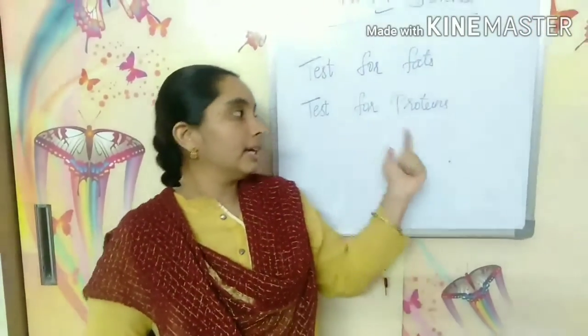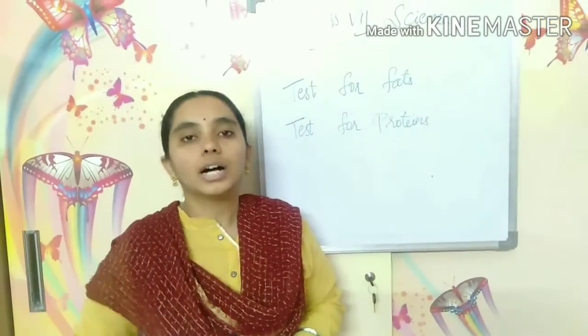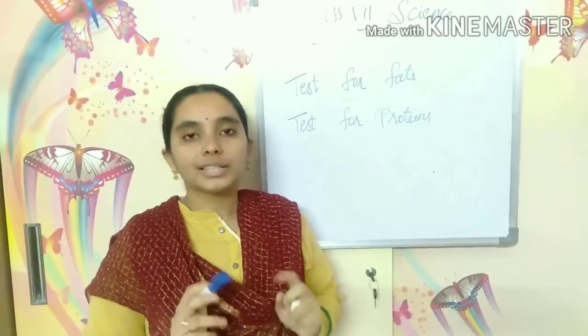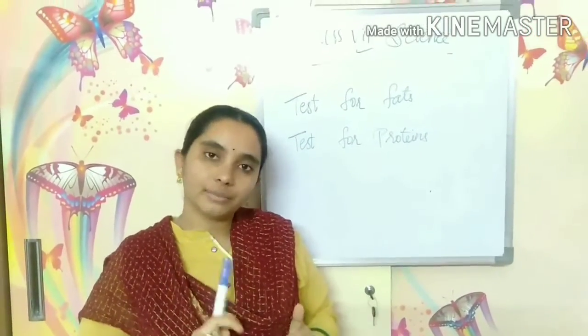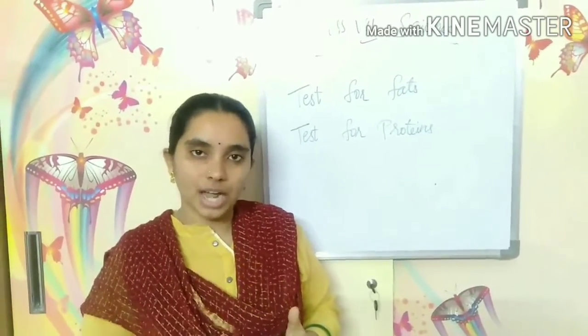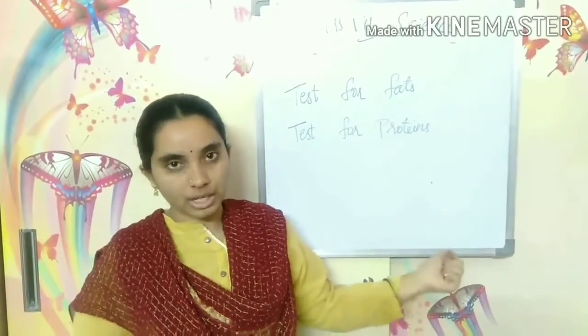Here, copper sulfate and sodium hydroxide solution will turn violet. So this is for today's class. In the previous session we saw the test for starch, and in this class we have seen the test for fats and proteins.